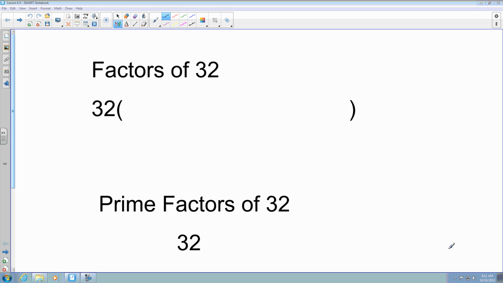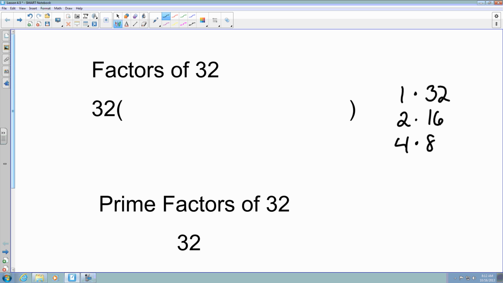And what I have in front of you is factors of a number and prime factors of a number. For this case, I chose 32. The factors of a number are values that you can multiply to get that number. So 1 multiplied by 32 gives me 32. 2 multiplied by 16 will get me 32. 3 won't, but 4 times 8 will get me 32, and I think those are it.